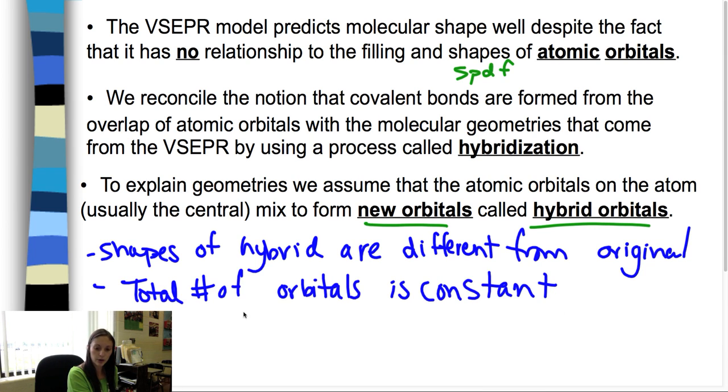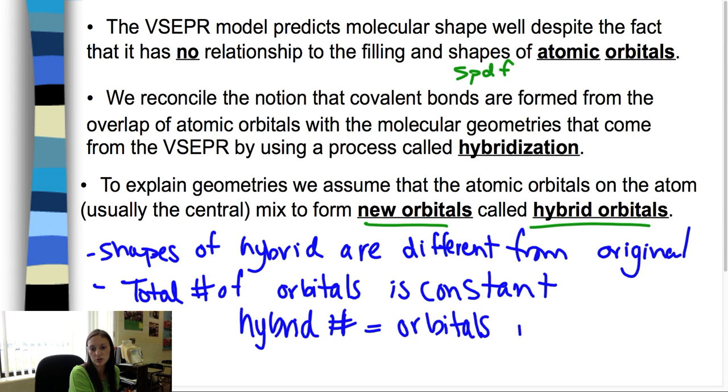So the hybrid number that we have orbital-wise is equal to the orbitals that are mixed together. So if you mix 3 orbitals together, you're going to have 3 hybrid orbitals when you're done. And again, this mixing just reconciles the VSEPR model and how these shapes are taken, but still within the bonds being formed by orbitals overlapping.